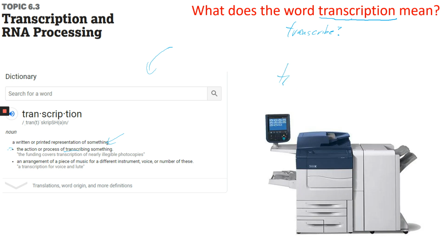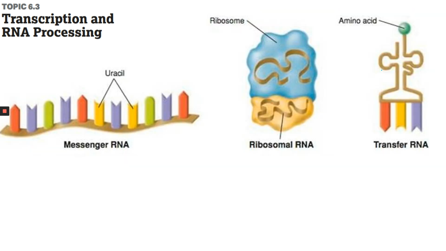Transcription is to copy something. So this is the process we're going to be talking about when we talk about transcription. How do we copy this DNA? We need to copy it and get it outside the nucleus to a ribosome where it can be translated. Well, we need to copy it into an mRNA form, single-stranded mRNA form.